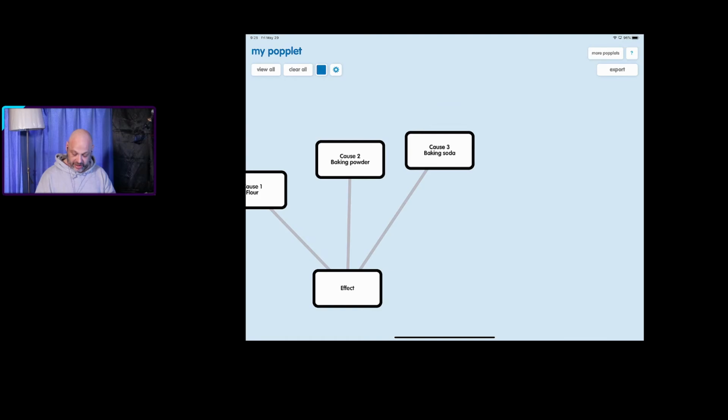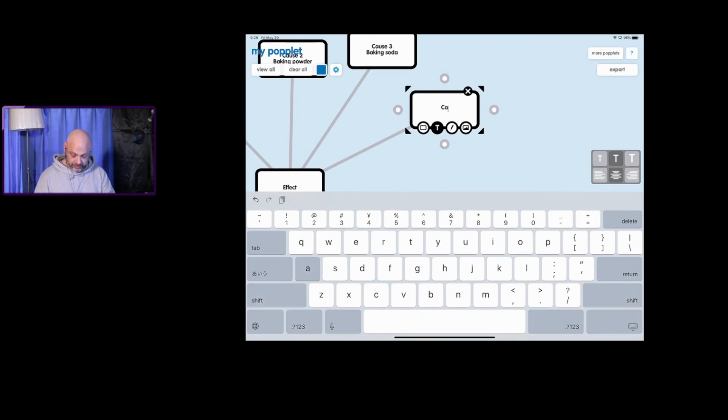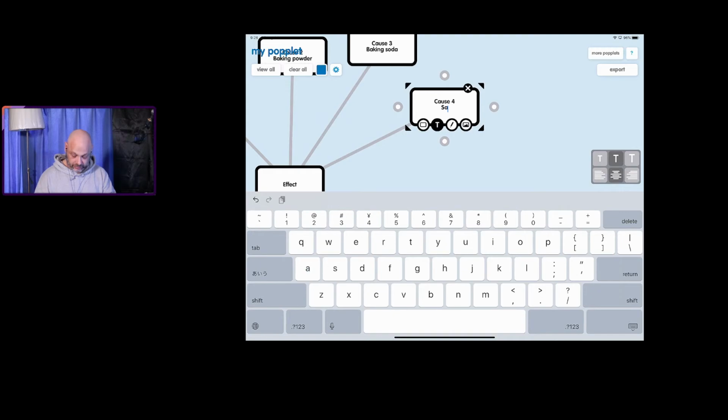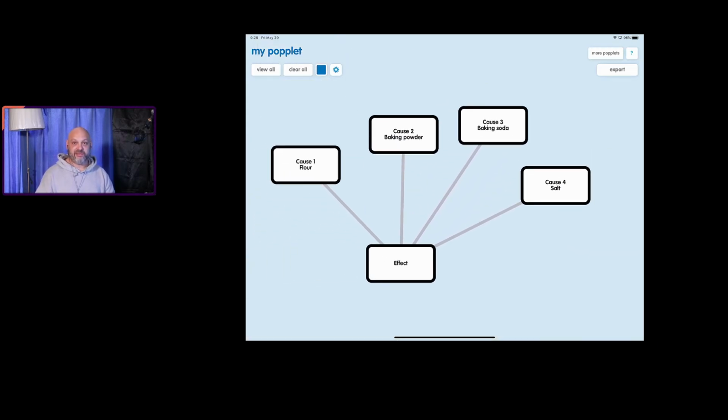And then you have over here, let's attach it to that, cause 4, salt, right? So if you're making biscuits, you need to double check your recipe, because some recipes use all of these things and some recipes don't use this one, right?